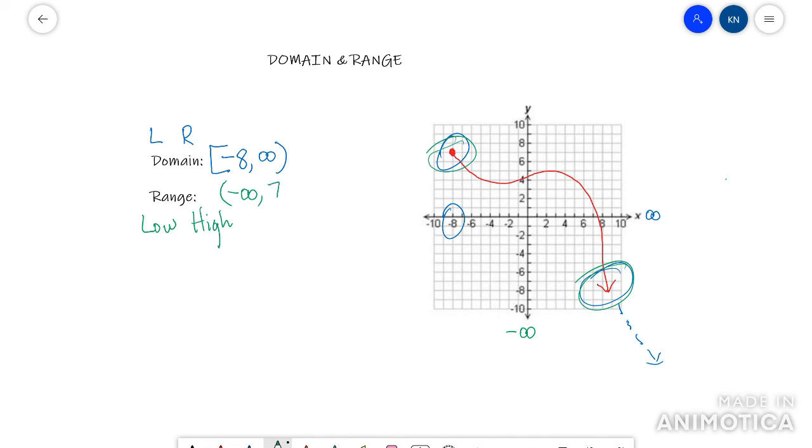Remember, I'm only supposed to look at these numbers for range. That's how people get in trouble on domain and range. They start thinking about range and they're looking at the x-axis. You're going to get it wrong if you do that. So how high it goes would be 7, and remember it has a closed circle, so I use a bracket.